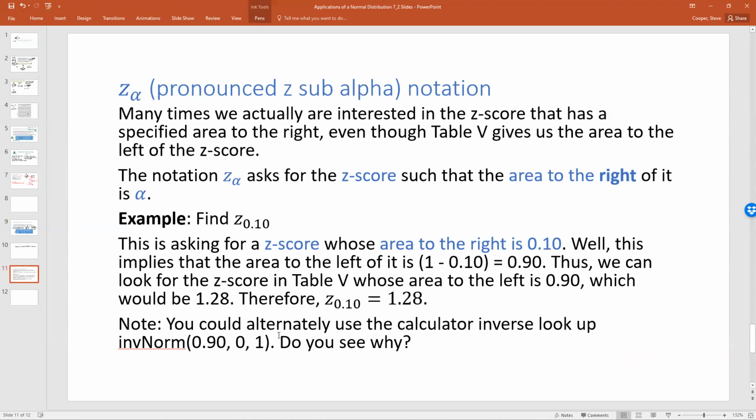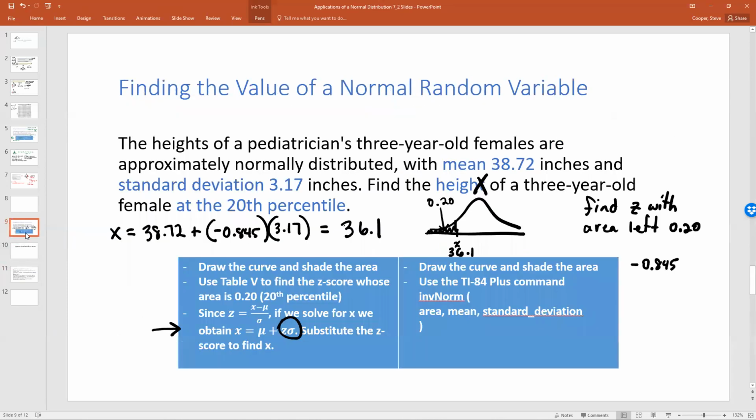And then there's an alternate for the calculator that corresponds to the inverse norm. If I give it the area, the mean and standard deviation, it gives me the X score that matches this, or if I had this converted to standard norm, it will give me the Z-score. So this does what we just did here.